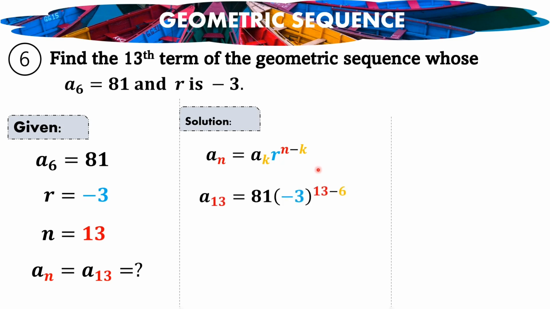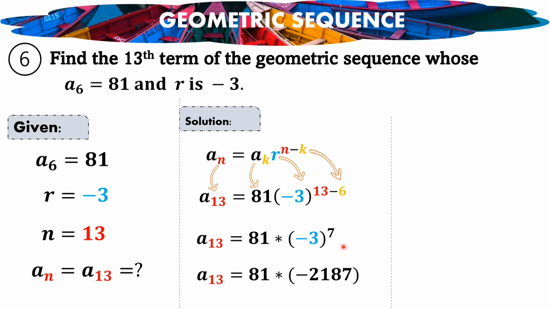That is a sub 13 equals 81 times the quantity negative 3 raised to 13 minus 6. A sub k is 81, that is a sub 6, r is negative 3, k is 6. Then a sub 13 equals 81 times negative 3 raised to 7.